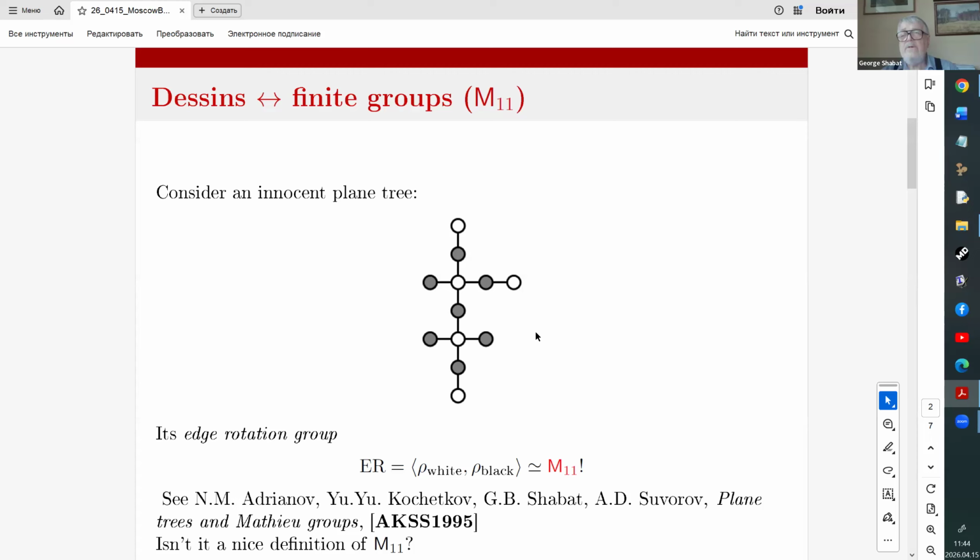And if you just take all the set of trees with the same passport, then you'll get 20-something plane trees, but only 2 of them, this one which you see and its mirror image, have this edge rotation group.